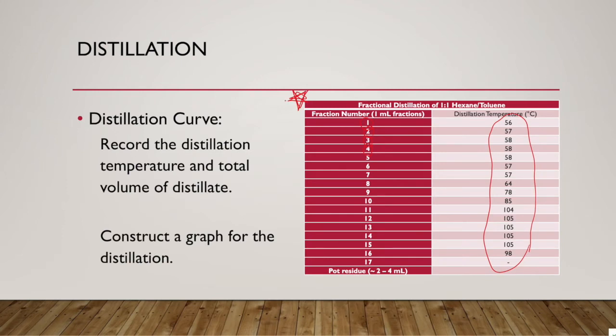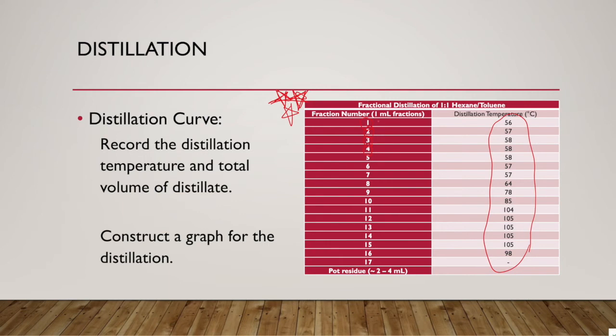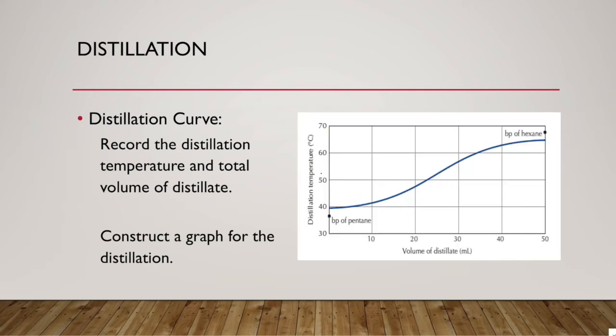Okay, and after completing this table, now you have to draw the distillation curve. I assume you guys have learned how to draw a graph using Microsoft Excel. So from the table here, you can just put all these numbers and make one nice distillation curve, and you have to include this in your lab report. So the lab report template provides some basic guidelines on what's expected in the report.